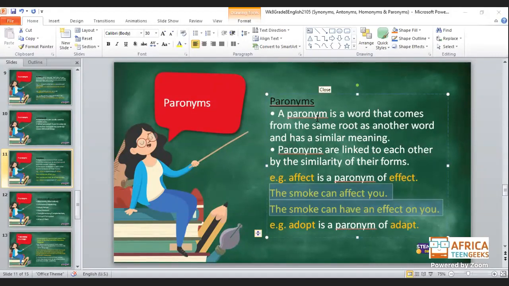Then the second example, I said adopt, which is a paronym of adapt. So what is adopt? To adopt, I will put it in the context of a child, is when you take a child who is not yours biologically, then you bring that child to your family, and that child will have the same surname as you.